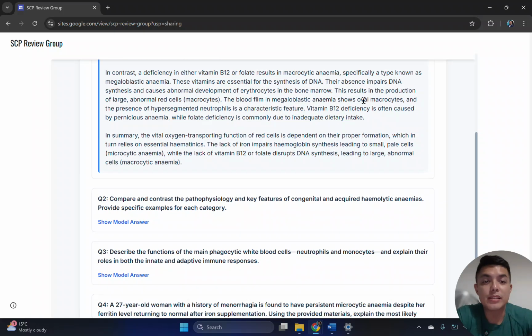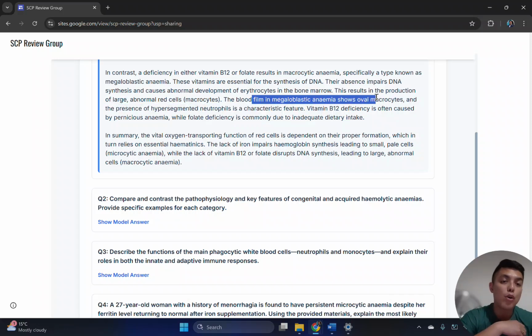And this results in the production of large abnormal red cells, which is the macrocytes. The blood film in megaloblastic anemia shows oval macrocytes, and the presence of hypersegmented neutrophils is a characteristic feature.